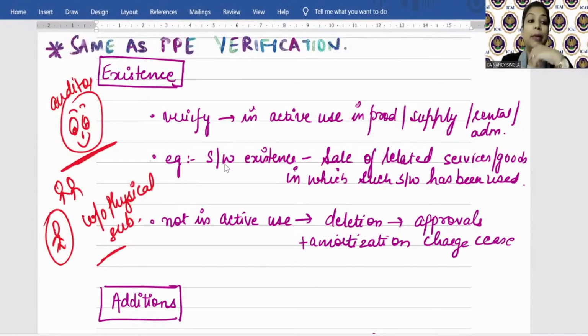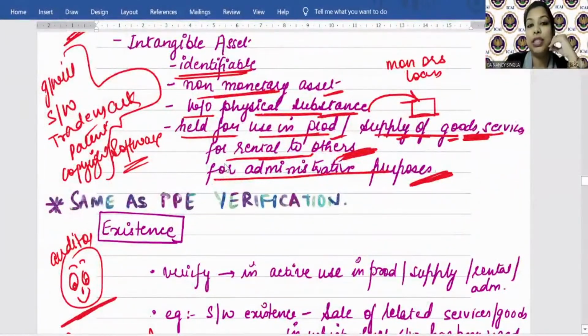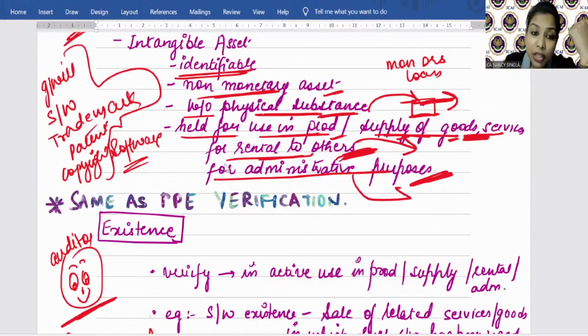So, but have a look at the definition again. Use in the production or supply of goods and services. So we can see, right, the computer in which it has been used, whether that computer has been sold along with that software or not, right? Whether rent income is coming from that software or not, whether it has been used for the administrative purpose or not, right?